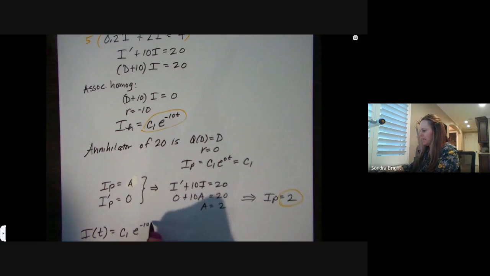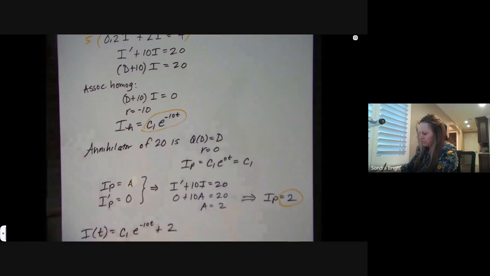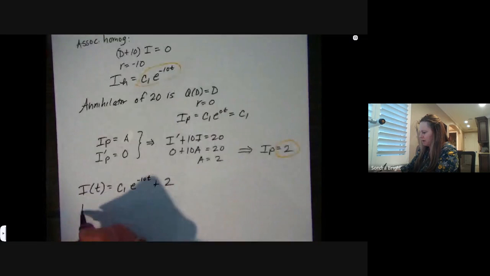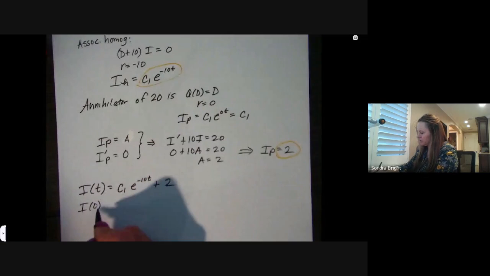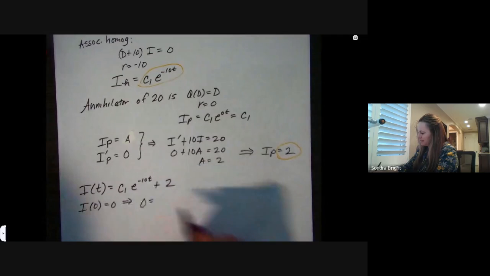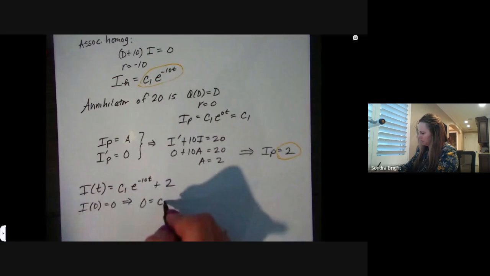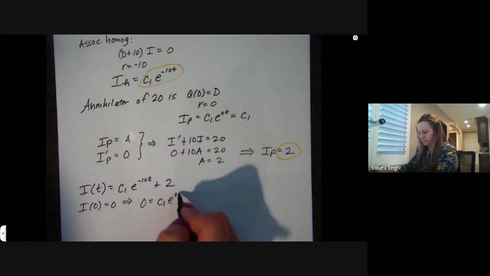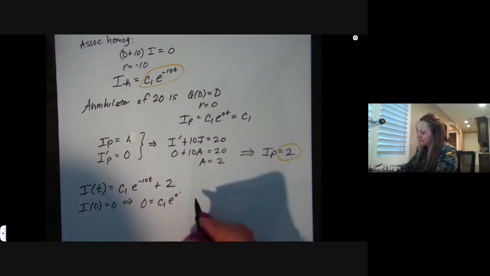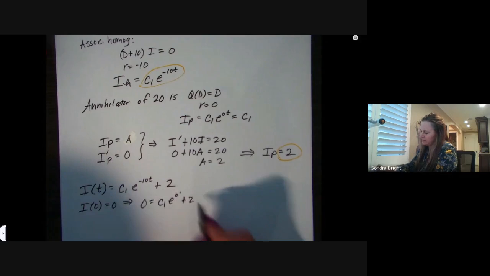But they gave us this initial condition of I of 0 is equal to 0. So we can solve for C1 as well. So 0 is equal to C1 e to the 0 plus 2. It's like negative 10 times 0, right? So you end up getting 0.